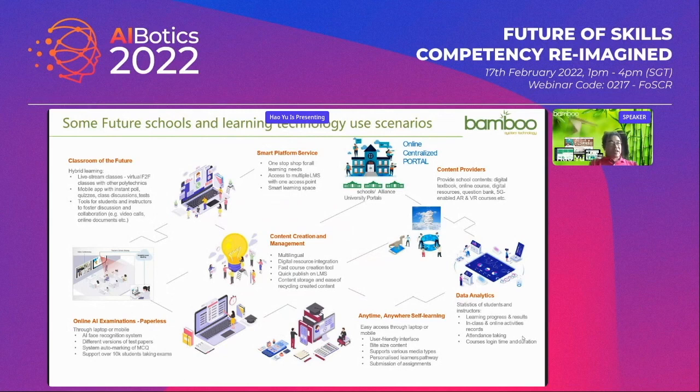There is also data analytics and mobile learning for everyone, to learn anytime and anywhere to fit his or her learning objectives. These are a few of the use scenarios where we see technology can fit into almost every aspect of learning and teaching, which can be changed or transformed by technology.